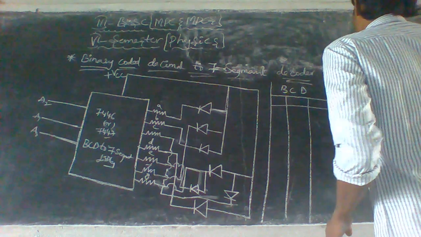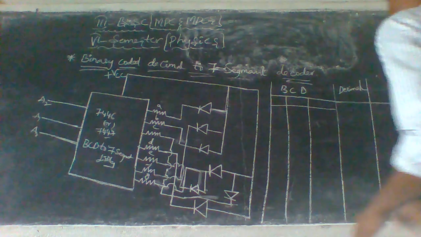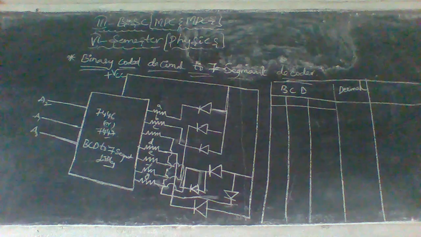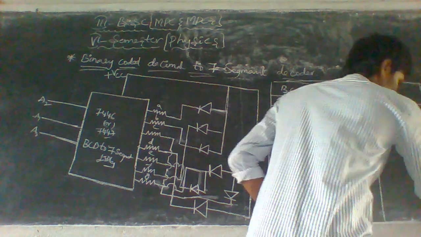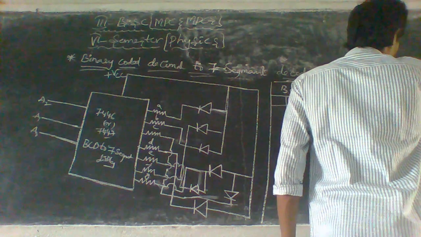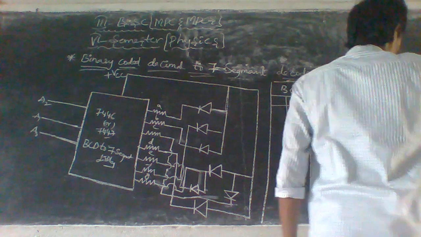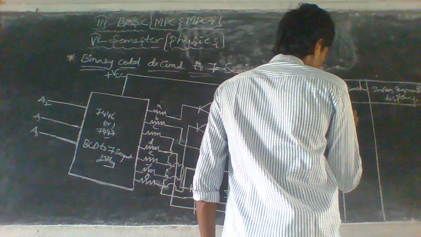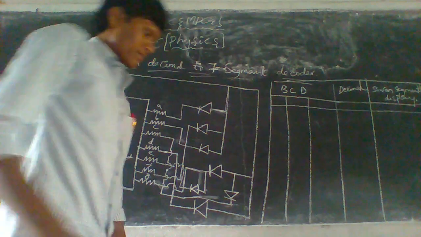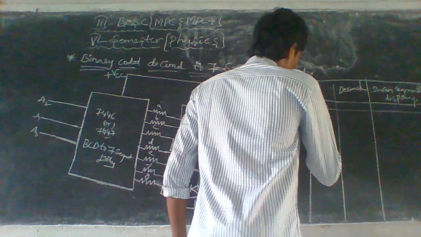The decimal numbers and 7 segment display. Okay, so here this is A0, A1 and A2.